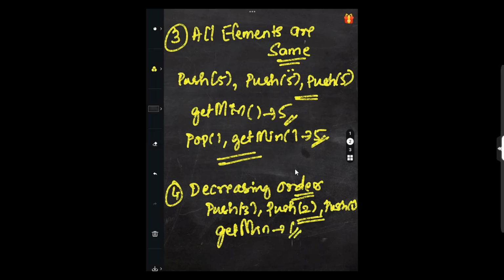So the output will be 1 here, and the pop, this one, and get min, this one, output will be 2 here. Why? Because the minimum updates dynamically as smaller elements are pushed and removed. That is the reason we are getting the output 2 for this one. So again I'm telling, the minimum updates dynamically as smaller elements are pushed and removed.